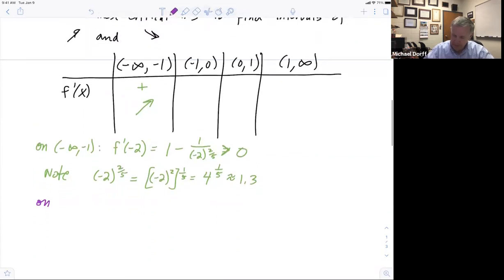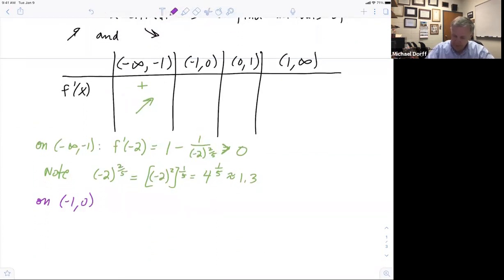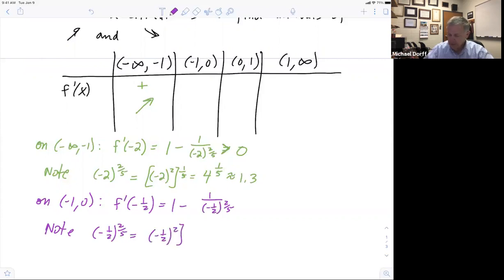If I do the same thing on the interval from -1 to 0, I'm going to look at the derivative. I'll take -1/2 here. So this is going to equal 1 minus 1 over -1/2 to the 2/5. And what is -1/2 to the 2/5? That's the same thing as -1/2 squared all to the 1/5 power, which is 1/4 to the 1/5 power, which is approximately 0.76.